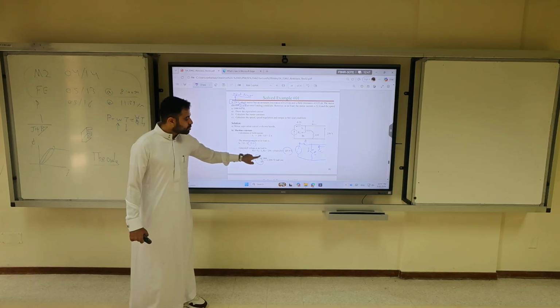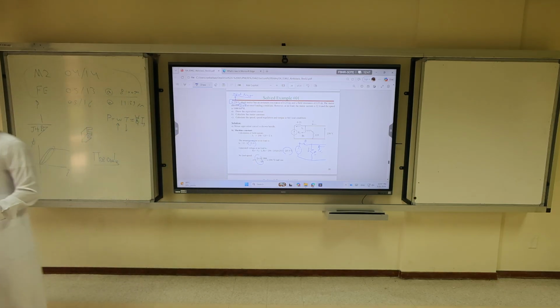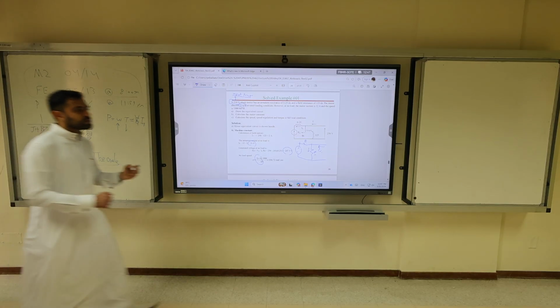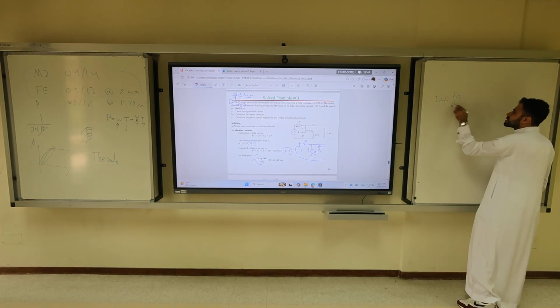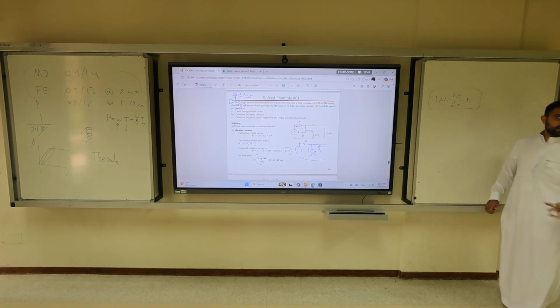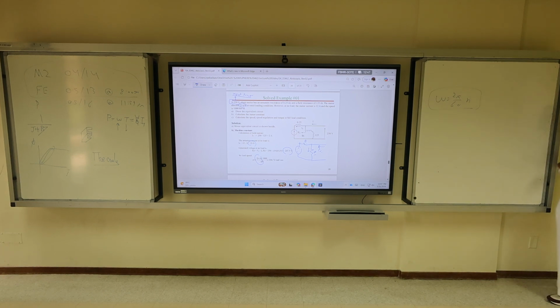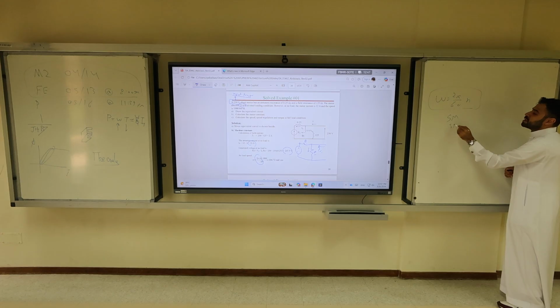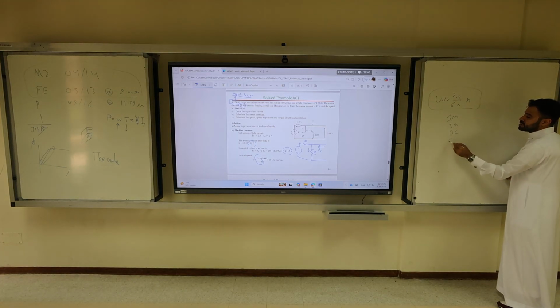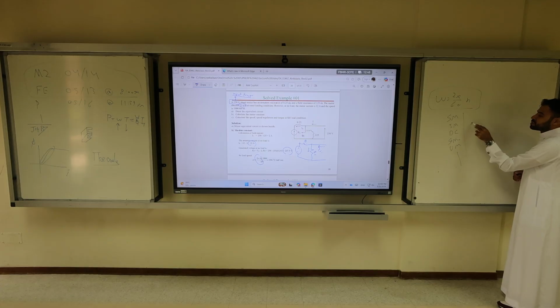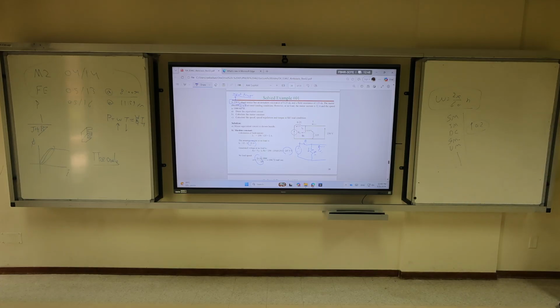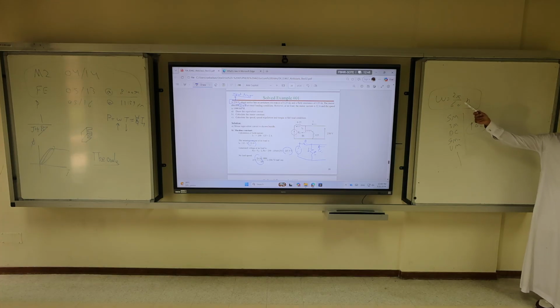What is the no load speed? It's 2 pi over 60 times N. This 2 pi over 60 is for RPM. The 60 has nothing to do with 60 hertz. You remember this equation? This is from physics. Omega is 2 pi over 60 N. This is for any speed, any machine: synchronous machine, induction machine, DC, stepper motor, universal motor, etc. It's also used in physics 102 to convert from revolutions per minute to radians per second.